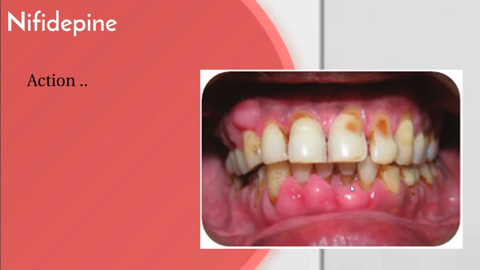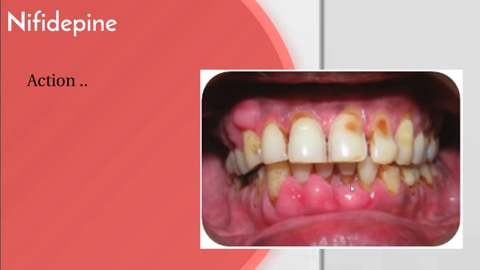It's used in the treatment of acute and chronic coronary insufficiency. Here, gingival overgrowth occurs in 20% of the cases. The clinical and histological features are similar to those found with Dilantin sodium and cyclosporine.